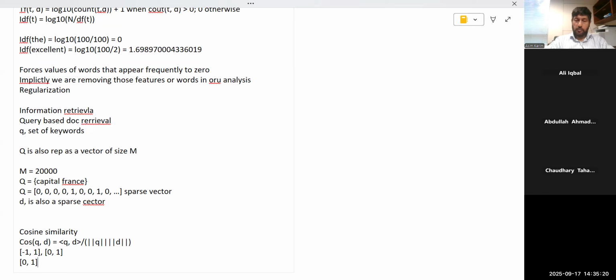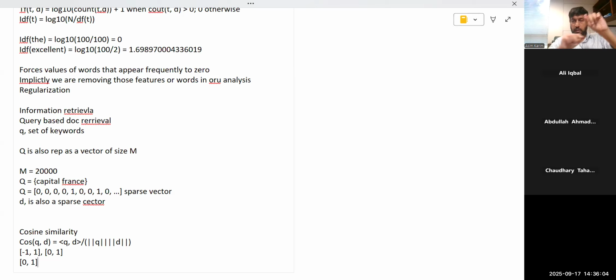So they are similar. You can visualize this. I don't have the diagram with me. Basically, you have a vector for Q and a vector for D. First you normalize them to unit vectors, so one that was smaller and one that was bigger both become unit vectors. In other words, you get a sphere, and these two points will lie on that sphere. The radius of the sphere will be 1. If those two points are collinear, meaning they are at the same point, their similarity would be 1.